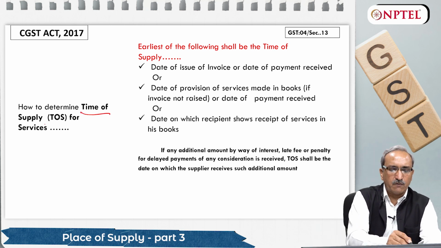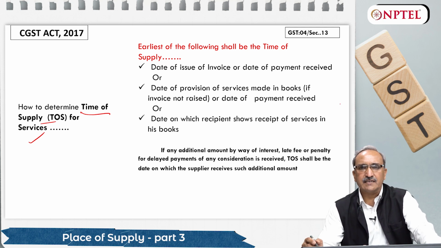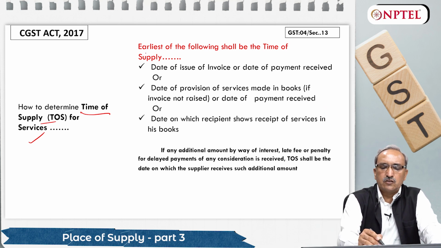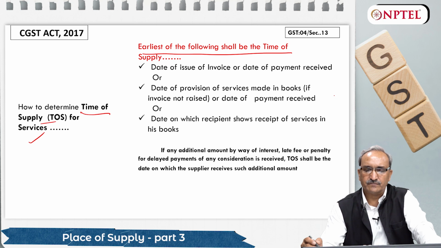Then friends, time of supply in case of services. As we have varied styles of services in India and also in GST, and business complexity is there, as we all know, the point of supply is also a bit complicated, so it needs to be understood properly. It says the earliest of the following dates shall be the point of supply, so that tax can be paid accordingly.